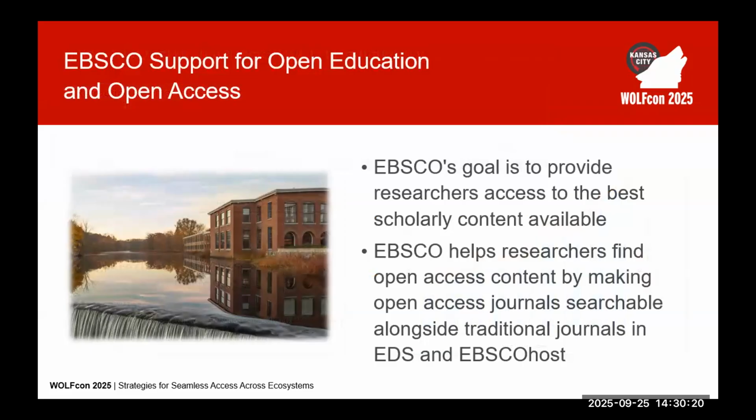So EBSCO's goal is really to provide researchers with the best access to research, whether that's open access or subscription content. We want to be able to make all of that material accessible side by side, and also to be very, very simple for researchers to drill into open access materials alone without the subscription material, and also have them side by side.